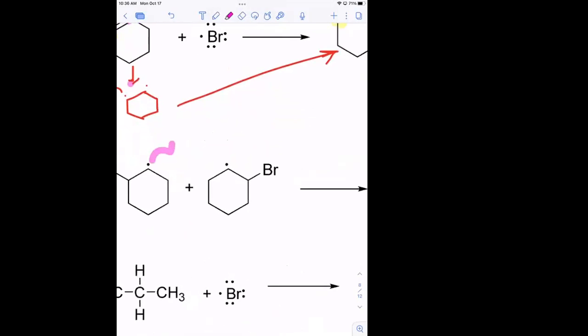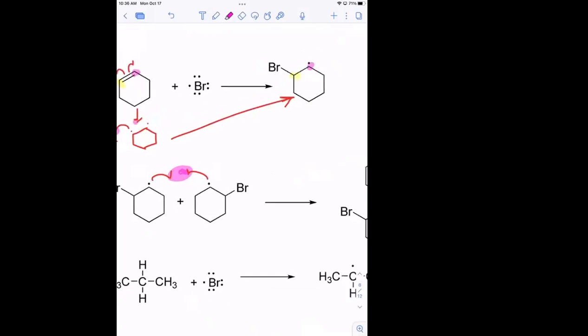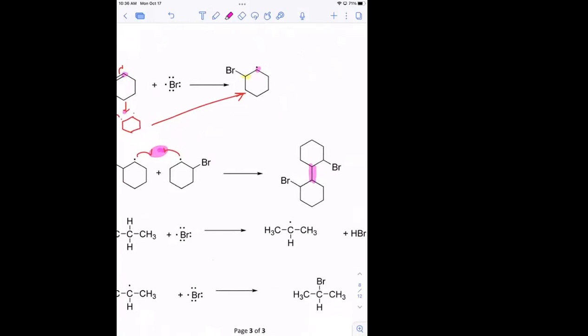Those 2 arrows come together means I'm sharing a pair of electrons between those 2 atoms, and I'm making a bond. So I made a sigma bond on this side.